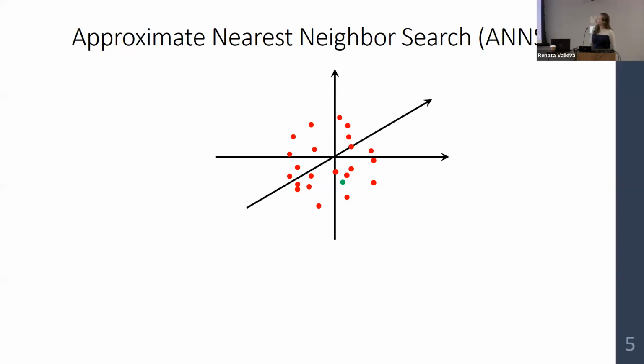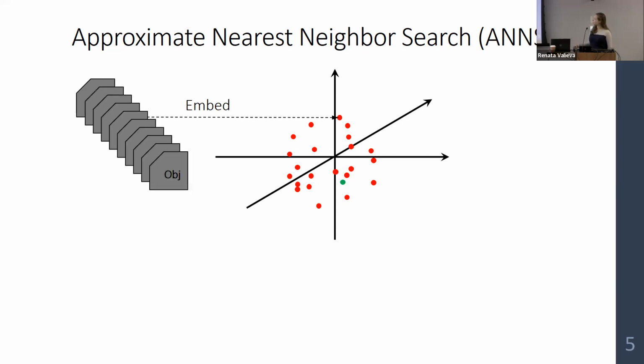Under this setting, the picture I just showed you looks a little bit more like this. These red points in our base set represent embeddings of different objects. The query point also represents an embedding of some object, maybe from the same model, but not necessarily.